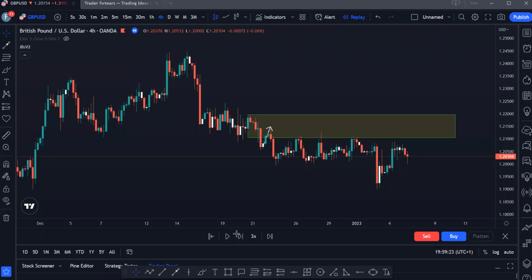Now, tomorrow is going to be another exciting session. Tomorrow, we'll be talking about risk management. Tomorrow is the last class in this series, and risk management is very, very important. You'll be learning how to figure out the right lot size that you should be using on every trade.